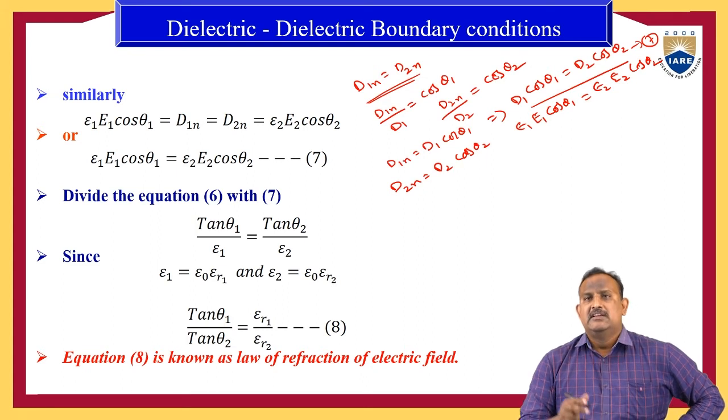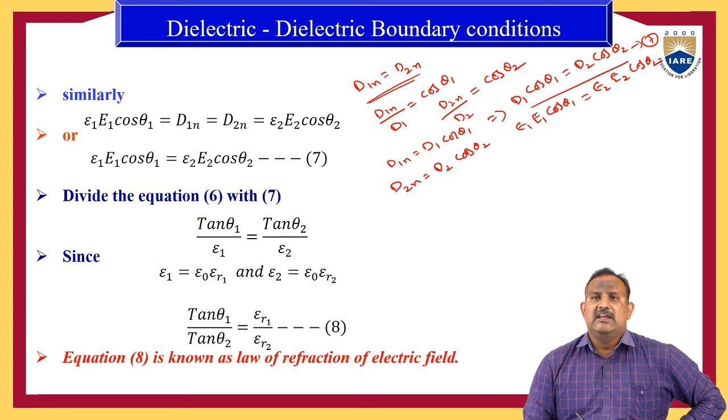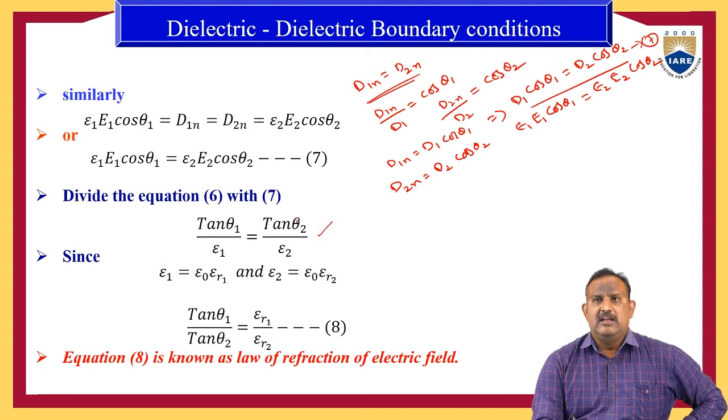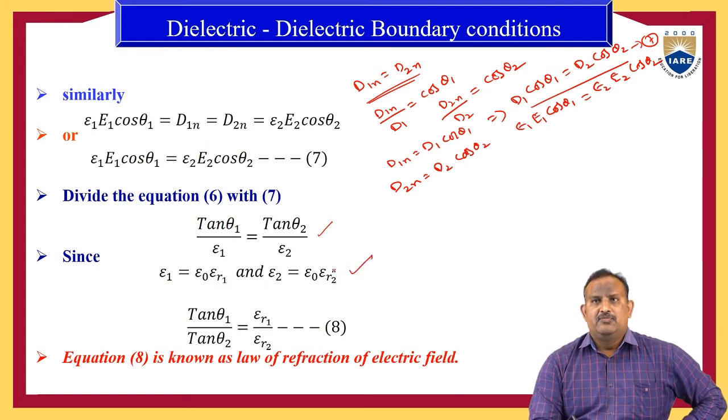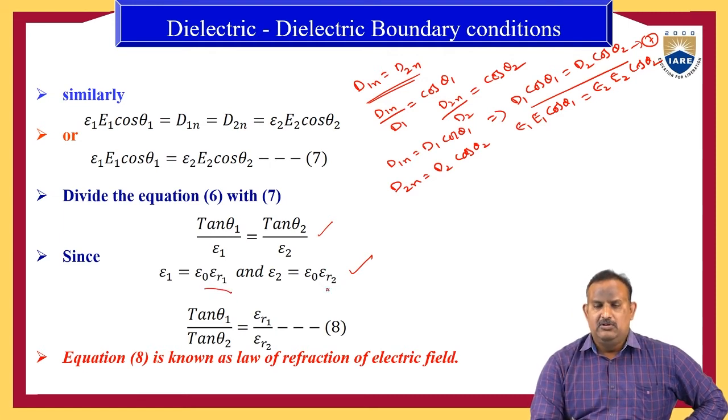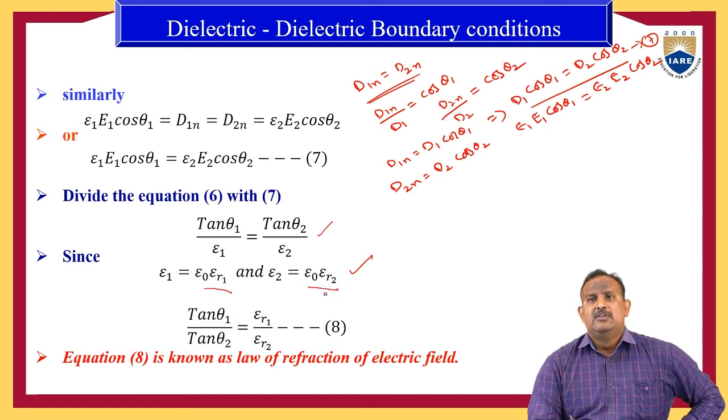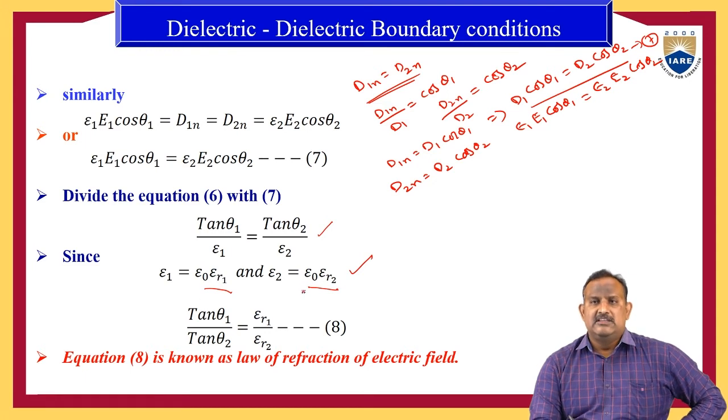The E's cancel each other. Sin theta 1 by cos theta 1 gives tan theta 1, so tan theta 1 by epsilon 1, similarly tan theta 2 by epsilon 2. Where epsilon 1 equals epsilon naught into epsilon r1 and epsilon 2 equals epsilon naught into epsilon r2. Therefore, tan theta 1 by tan theta 2 equals epsilon 1 by epsilon 2. Epsilon naught cancels on both sides.